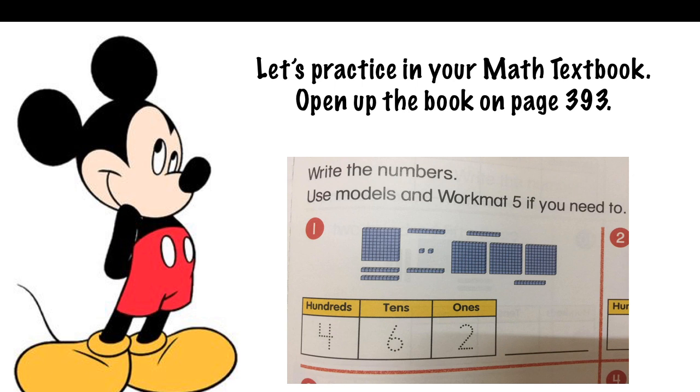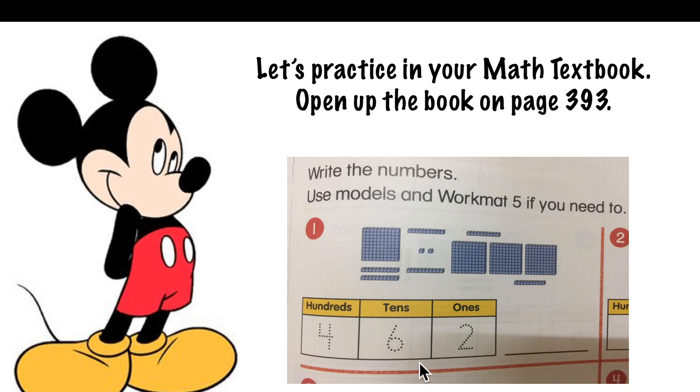We will work with these blocks and write the numbers. The number 1 is done for you. Look at this. How many ones do we have? 2. How many tens do you have? 1, 2, 3, 4, 5, 6. 6 tens. And how many hundreds do you have? 4.